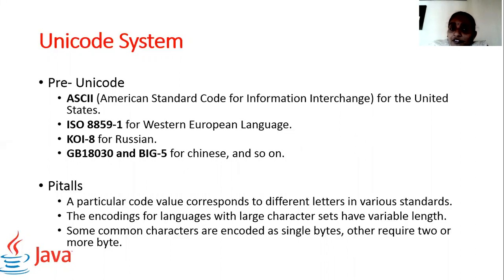ASCII is very familiar to us, the American Standard Code for Information Interchange. We even had the ISO standards for the Western European languages. We even had the KOI standards for Russian and the GB Big5 standards for the Chinese.